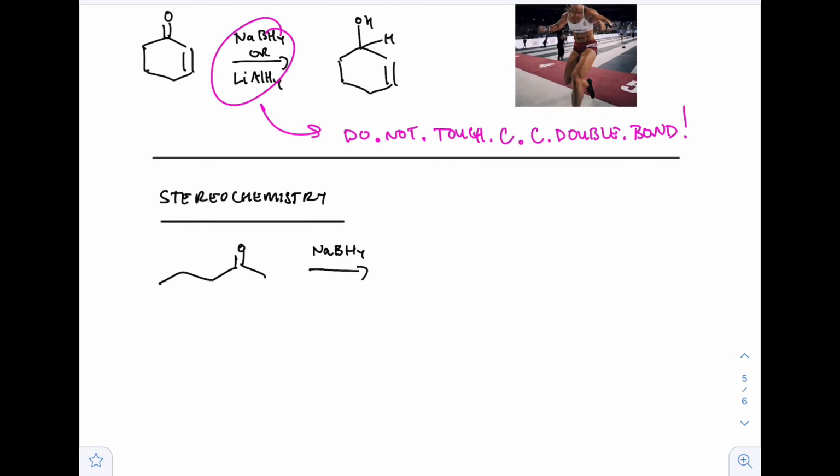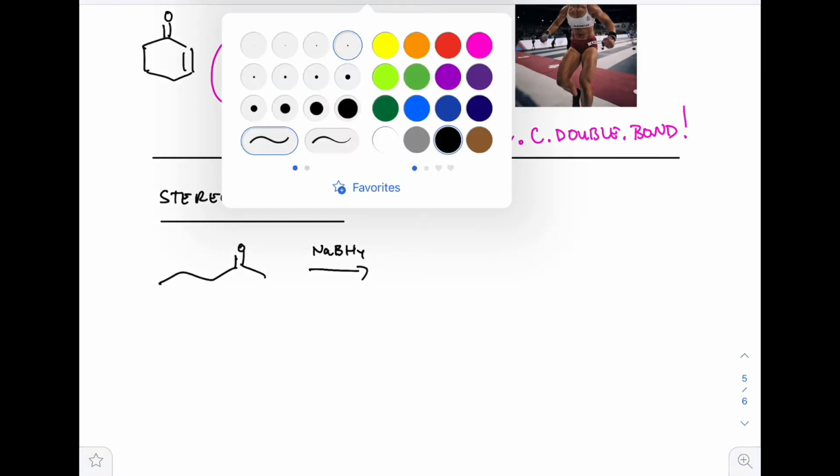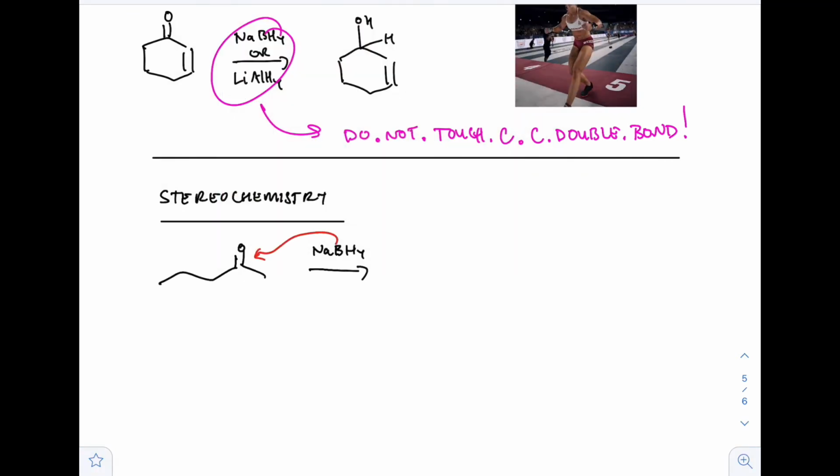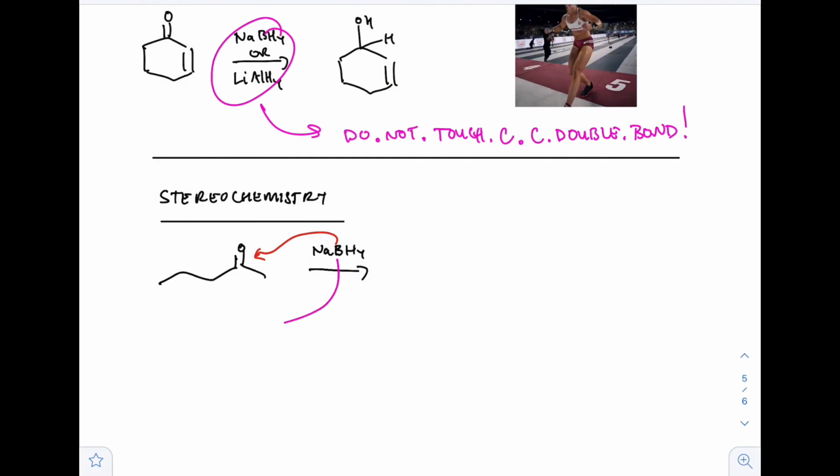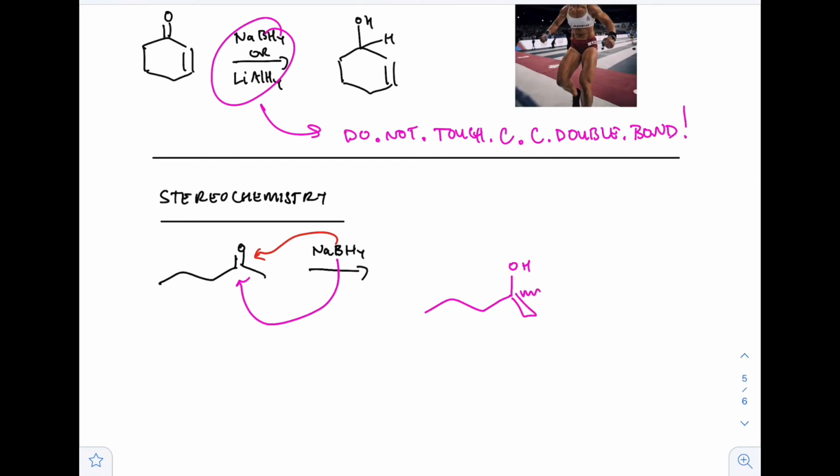Second of all, stereochemistry. We already touched on it a little bit. Stereochemistry does play a role in these reduction processes because it is a carbonyl group and you can approach from the back or the front, the red or the pink. Let's say we hit it with that pink hydride.